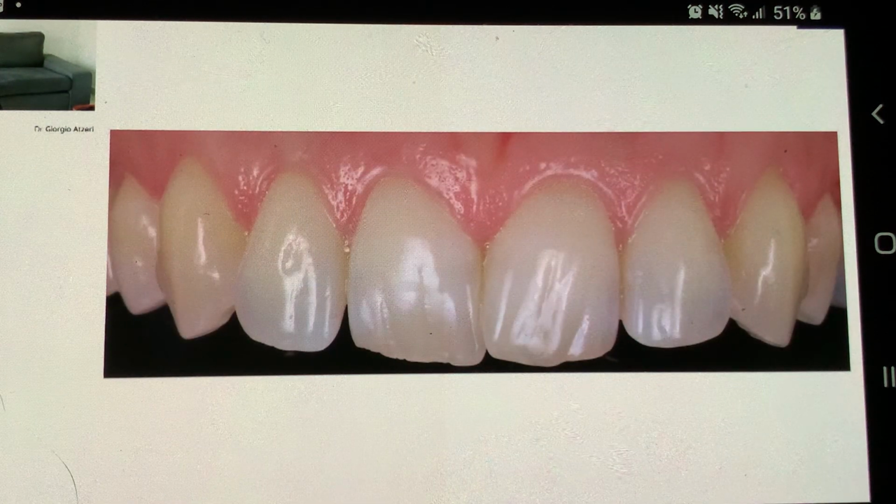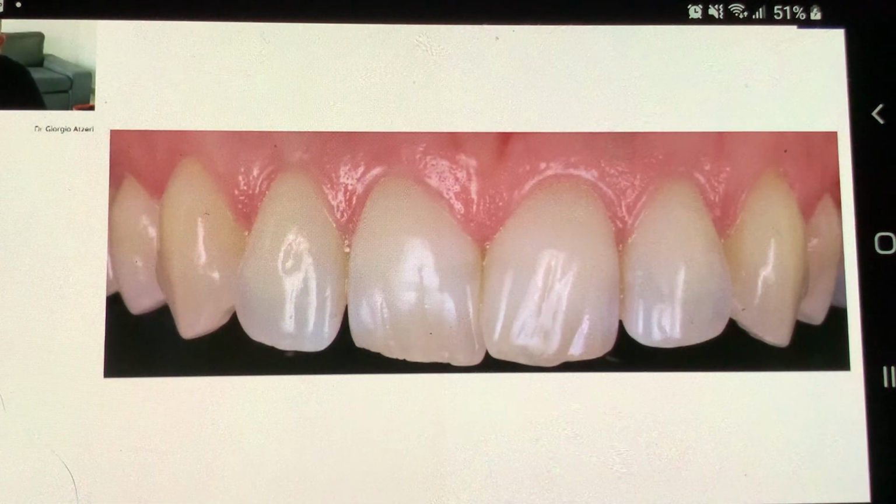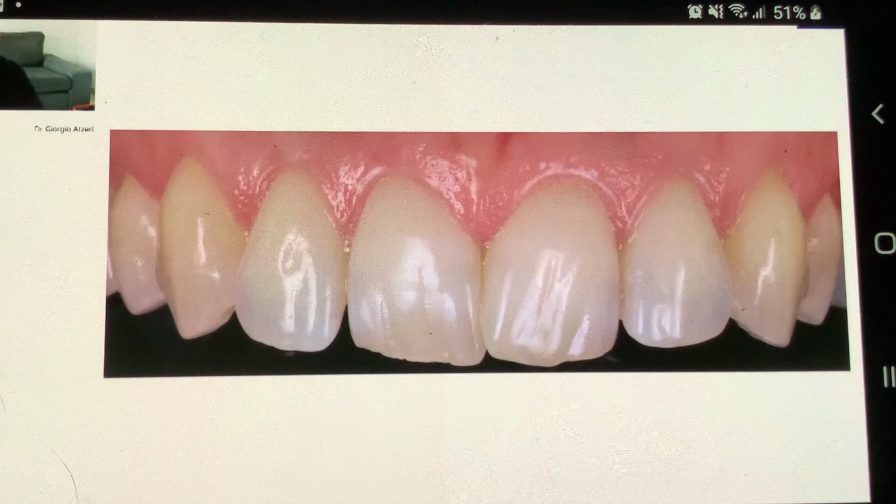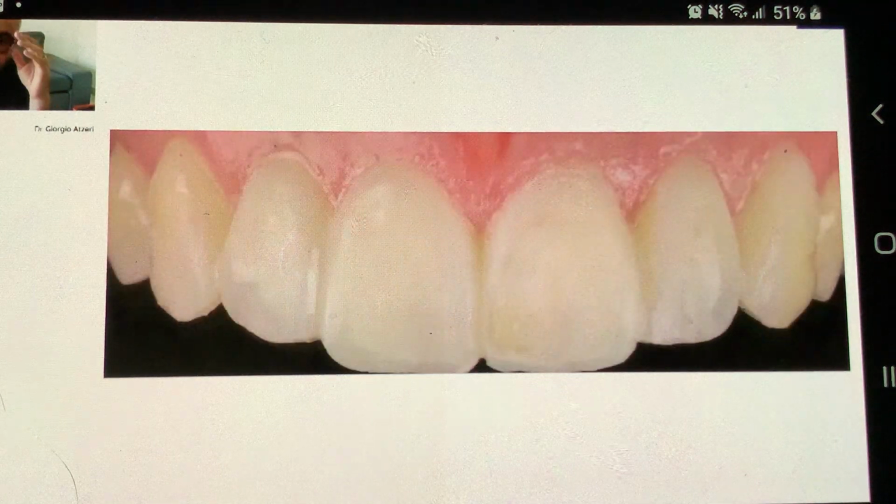This is the final result, but the problem is managing cases like this where there are overlappings, and also managing diastemas. Here, of course, it is a bit more difficult, and working with chamfers, we wouldn't be able to change the shape and the position of these teeth, especially along the sagittal axis.